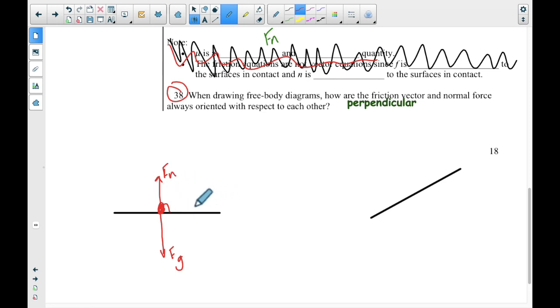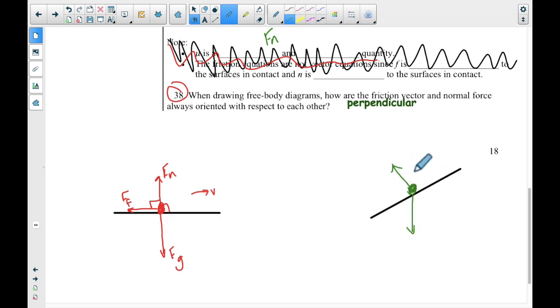So if we're dragging something, let's say to the right, then the frictional force is acting the other way. But what we're talking about here is that the friction force and the normal force are perpendicular to each other.